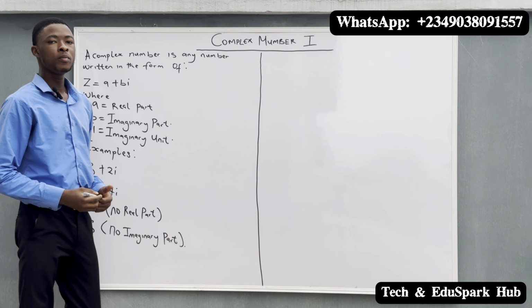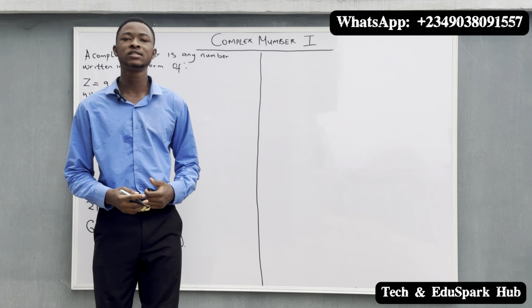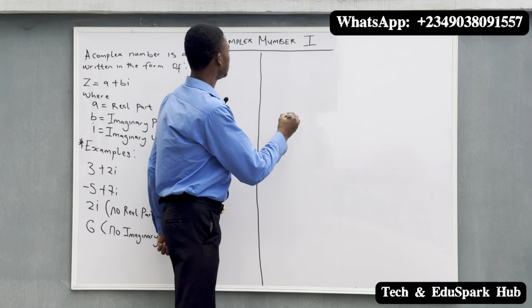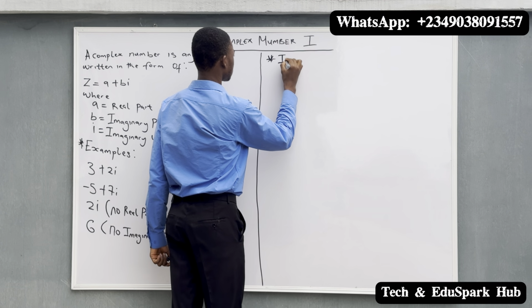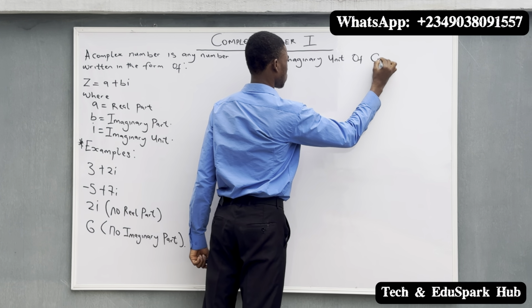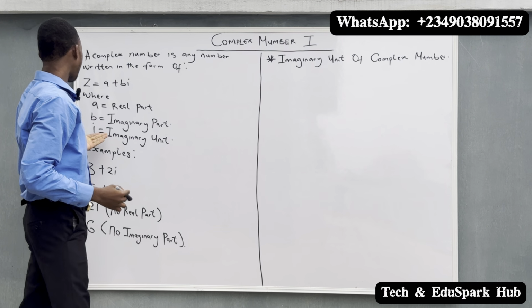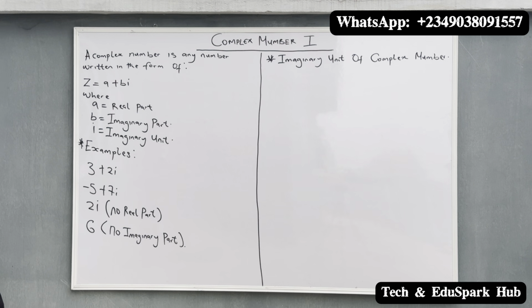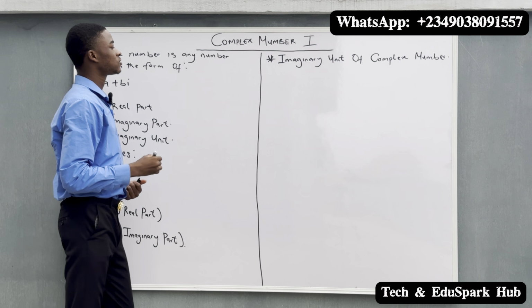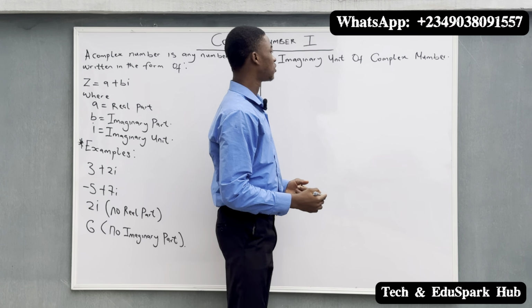So moving on, we'll be looking at the imaginary unit of a complex number. So let me just write that down. I said this i is the imaginary unit of the complex number. So let's look at what makes up the imaginary unit of the complex number.